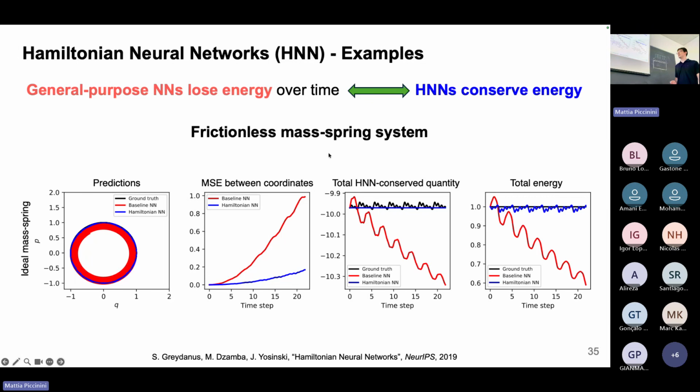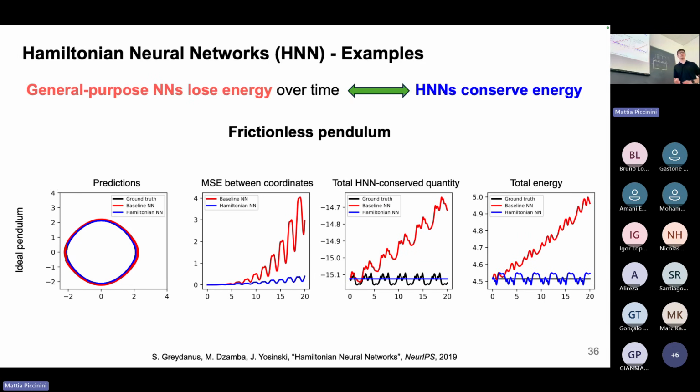The total energy goes down for the baseline neural network, while for the Lagrangian, it's closer to the real system. Of course, here we're integrating over 20 time steps. If you go further into the future, you should see even more difference. And this is for a frictionless pendulum, same idea as before. You lose energy, and you tend to have better predictions with the Hamiltonian approach.